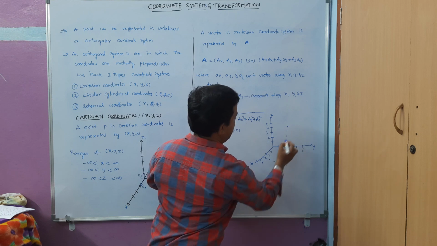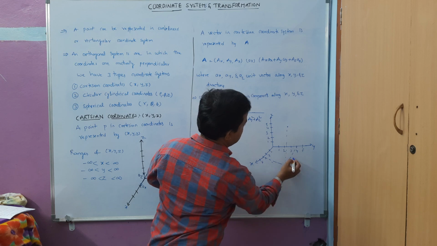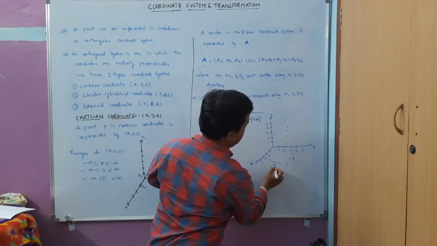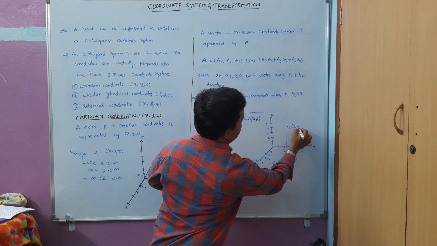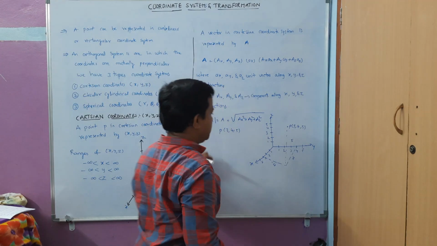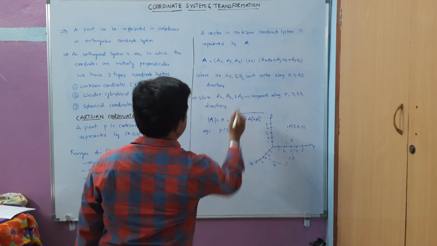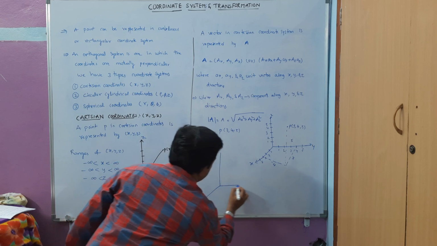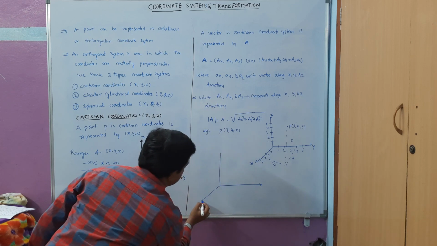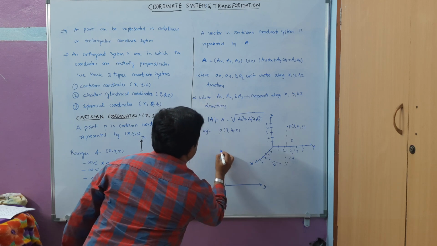So the point here is 3, 4, 5. Similarly, I can represent the components Ax, Ay and Az in the form of graphical vectors along the x axis, y axis and z axis.